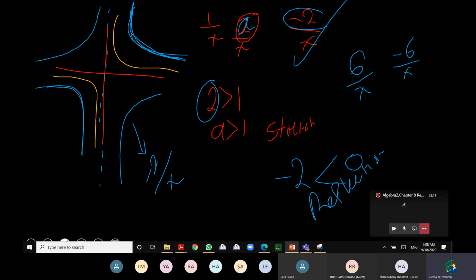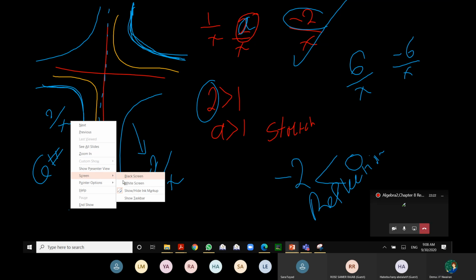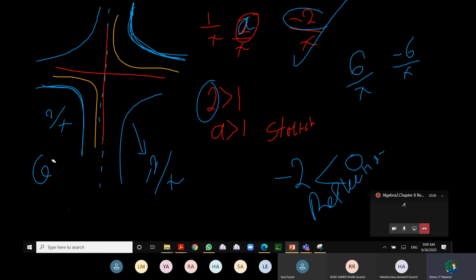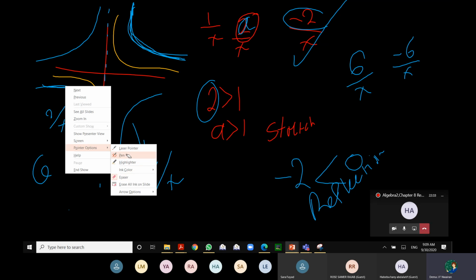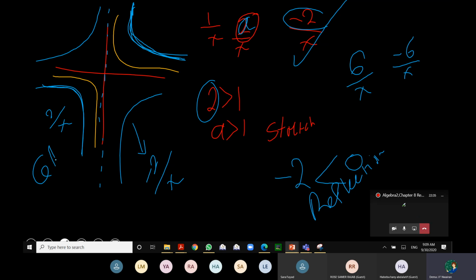And for the third here down, the 2 over x is in quadrant number 3. So my reflection will be in quadrant 4.